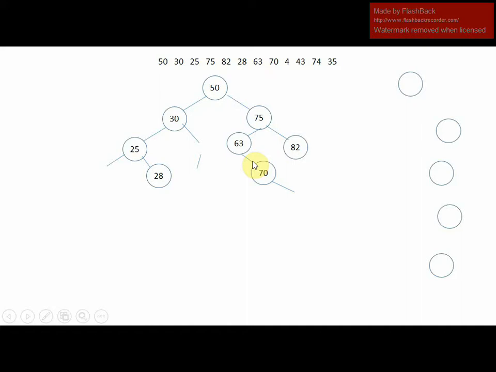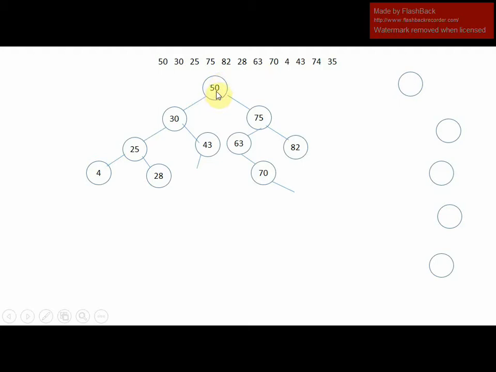Our next number, number 4, let's start at our root again, so it's less than 50, less than 30, less than 25, so we keep heading left and we put our 4 down. Number 43 is less than 50, however it is more than 30, so we're going to start going right again, and we've got 43. 74 is our next number.